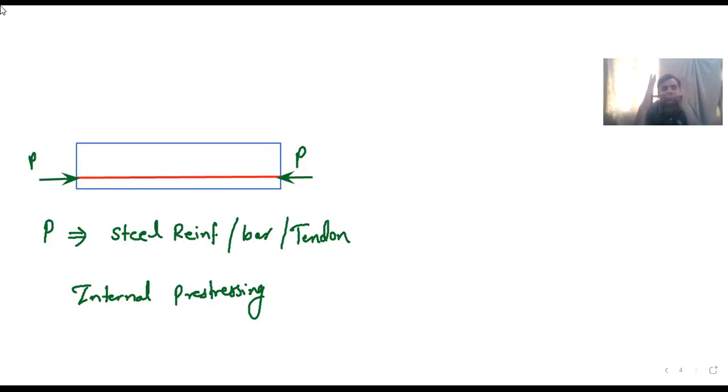This type of prestressing is called external prestressing. And first, what I told you, applying the prestressing force to the tendon, is called internal prestressing. So this is the basic difference between external prestressing and internal prestressing.